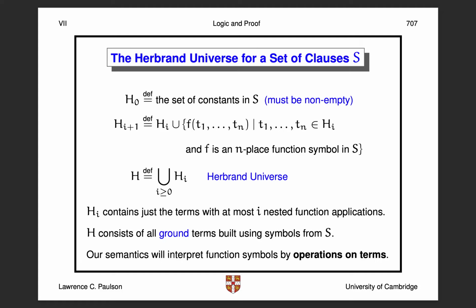Once you have your set of constants, you build up all your terms in layers. Now I know this looks horrible, but this is just all possible terms nested, I guess, i deep in terms of function calls. When you take all such terms, built up using all your function symbols applied to all your constants in every possible way, respecting the number of arguments each function symbol expects, that will be the Herbrand universe.